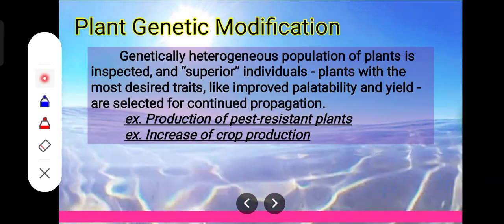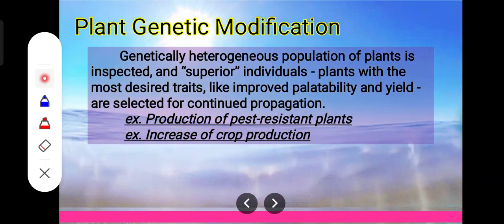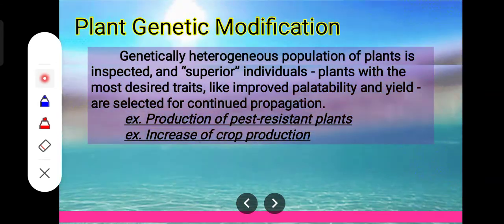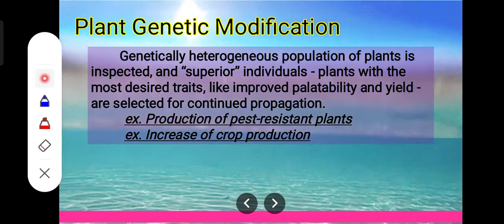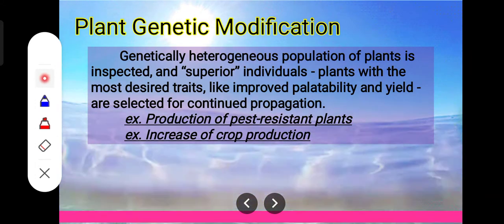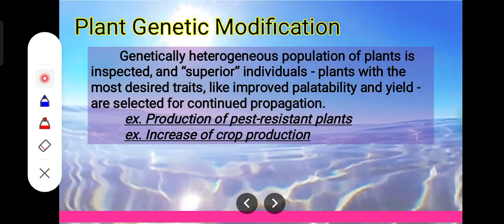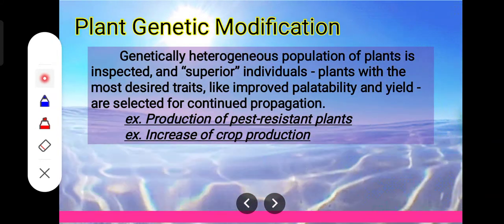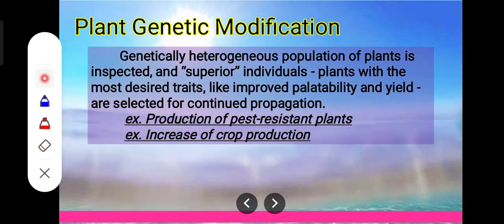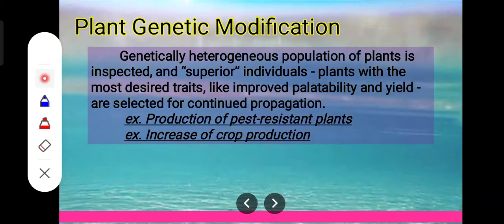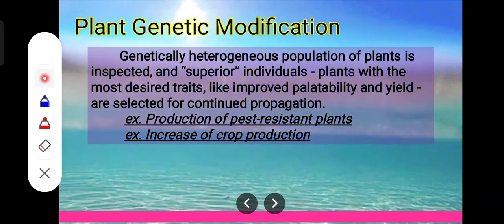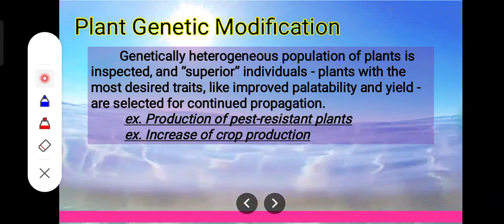A genetically heterogeneous population of plants is inspected, and superior individuals, plants with the most desired traits like improved palatability and yield, are selected for continued propagation. For example, the production of pest-resistant plants, increase of crop production.